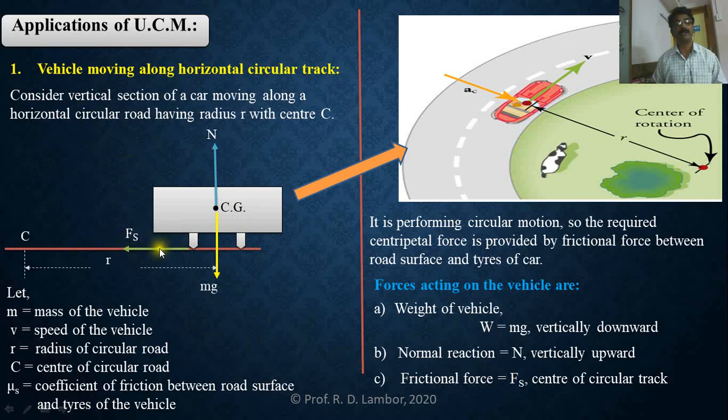This is the direction. Now, if you see the diagram carefully, then you can understand the weight of the vehicle is balanced by the normal reaction, and the frictional force is directed towards the center of that circular track.